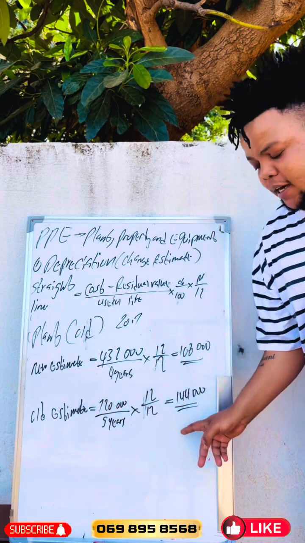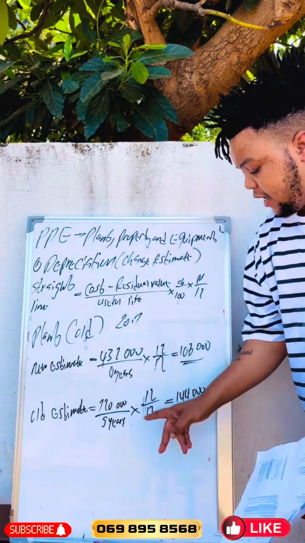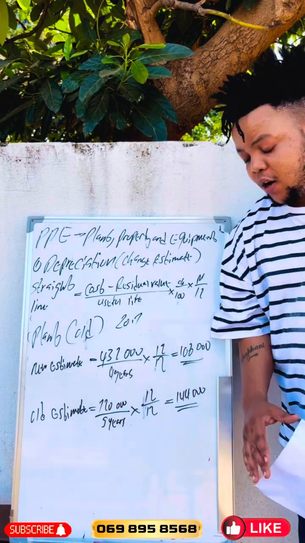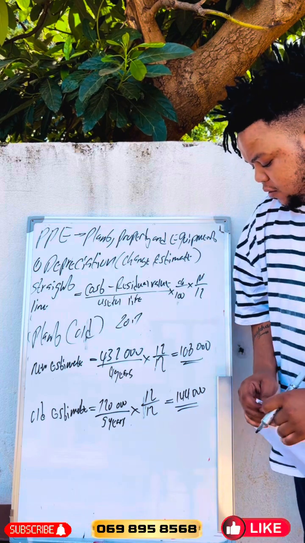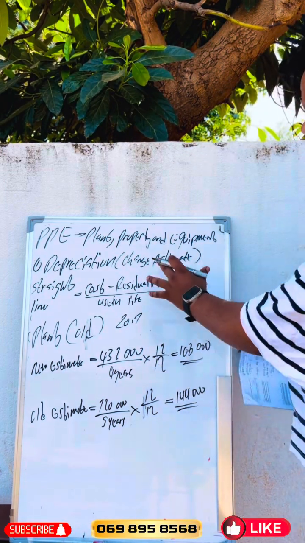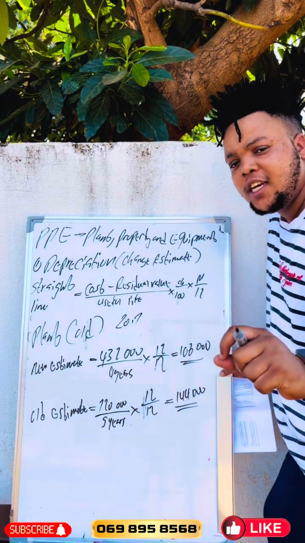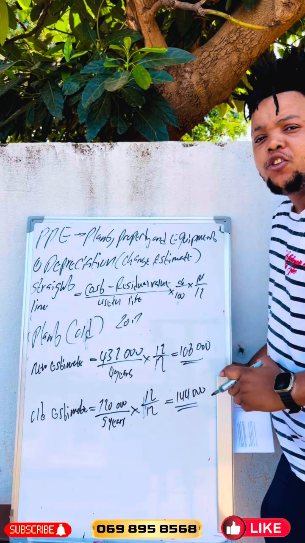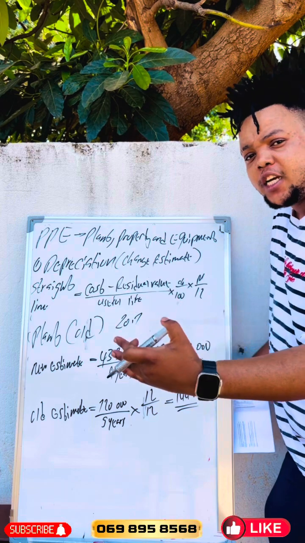The old estimate, if there was no change this year, the depreciation would be 144,000. So this is the issue of calculating the depreciation under the straight line method when there's a change in estimate.